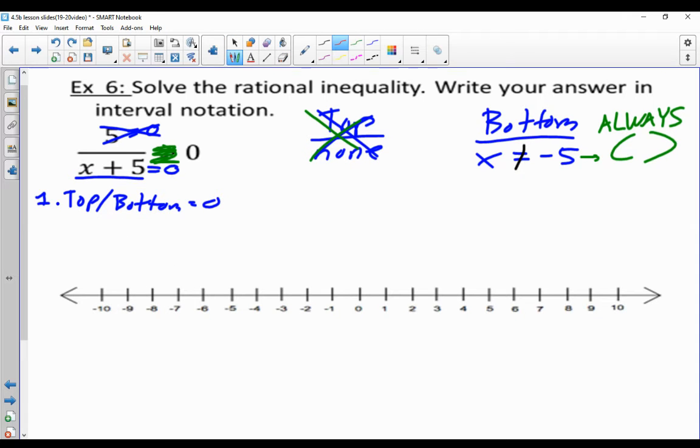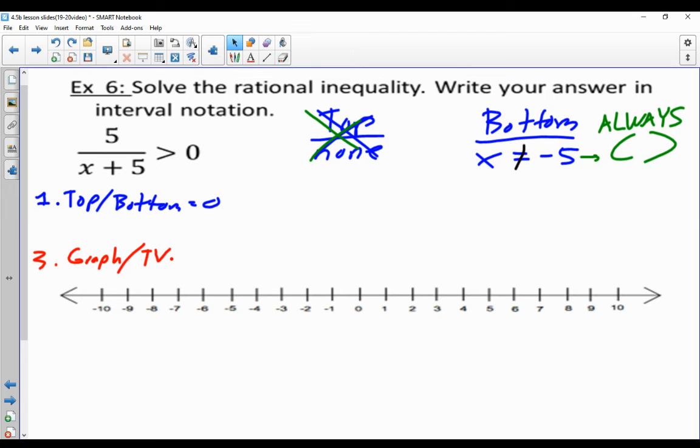Which means we can go ahead and move on to our third step, which is to go to the graph what we have, and find some test values. Let's do it. Again, we don't have anything for the top. We only have a number for the bottom, where the bottom, we got that the number is -5, and as always, open parentheses.